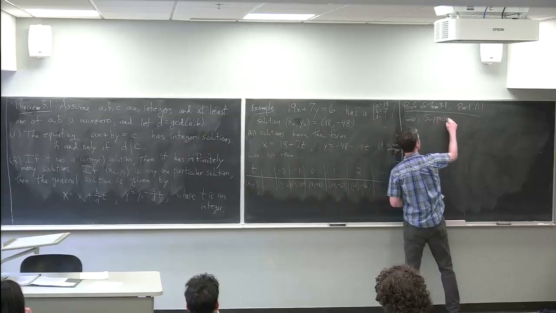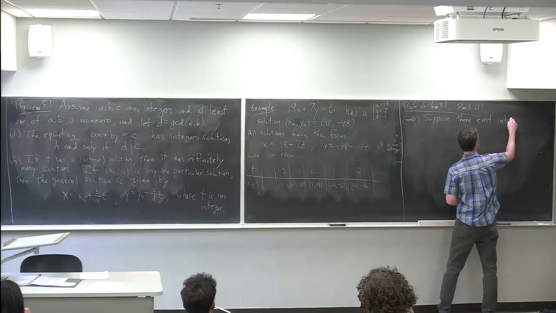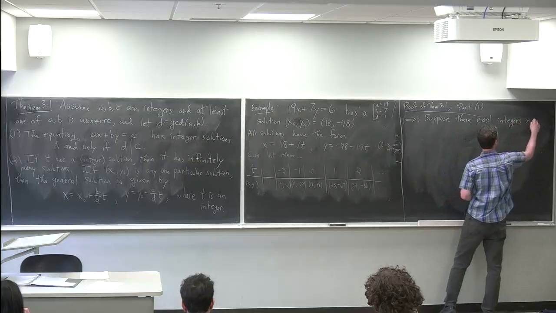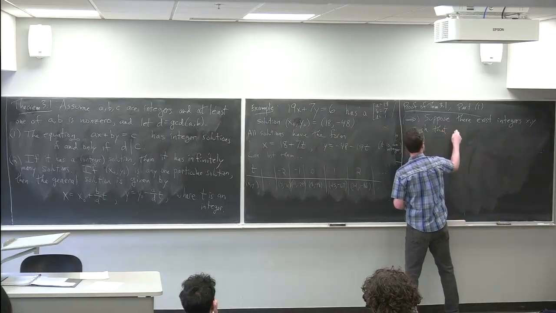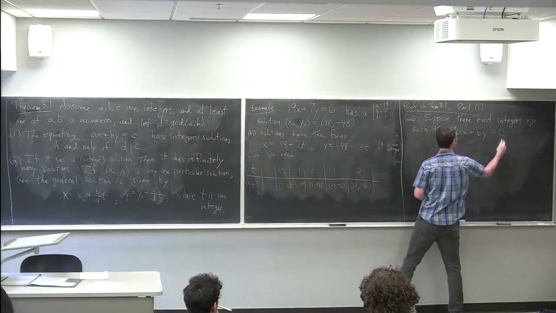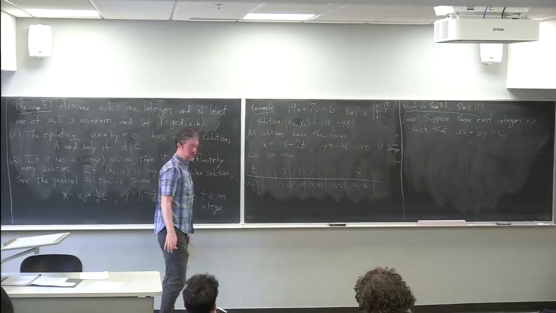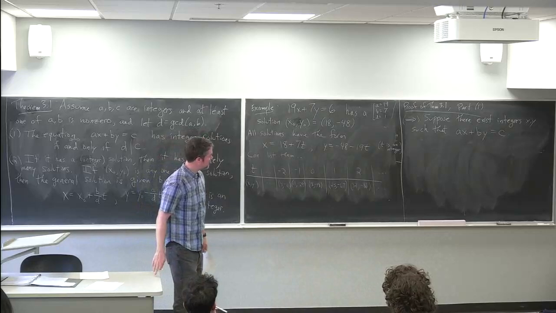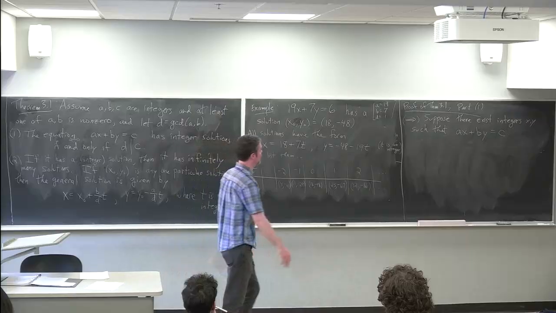Suppose there exist integers x and y with the property that ax plus by really does equal c. The point is that the left-hand side is a linear combination of a and b.